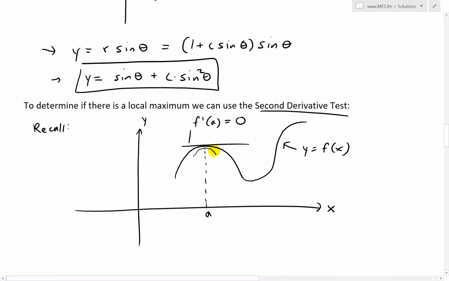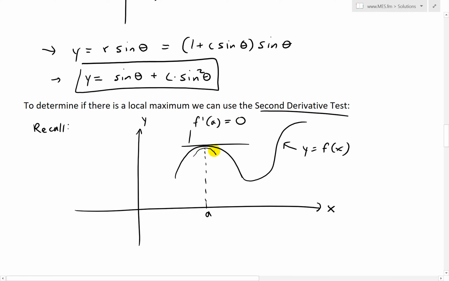Both of these are moving in the same direction. As it's moving towards here, we need it decreasing and also flatlining like that. So even in terms of the parameter theta, it's the same thing. We need the derivative to be 0 and the second derivative to be negative.